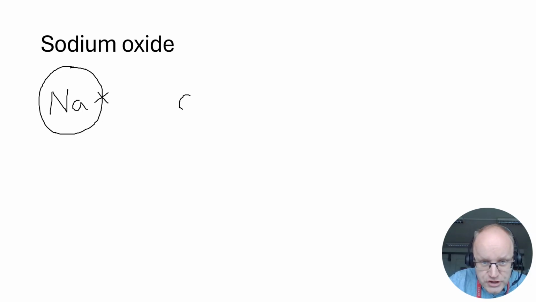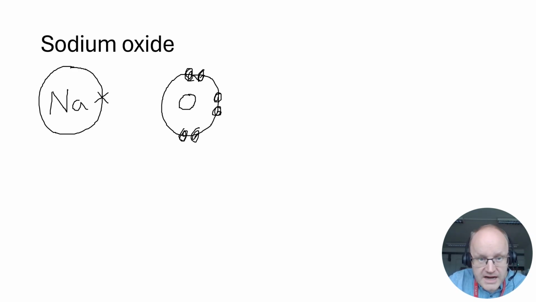And oxygen has got 6 outer shell electrons, which will show as dots. So we have an electron transfer from the sodium to the oxygen. That gives it 7 electrons, which isn't enough. We need 1 more.